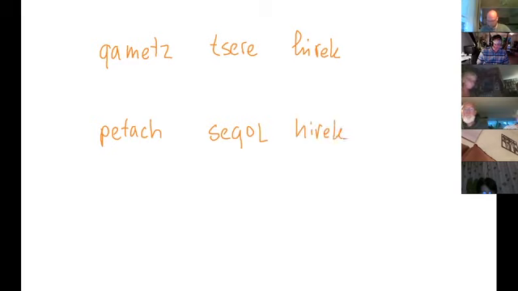The tsere and the segol. The chirik, and that's the same. The cholam and the kametz. The shurek and the kibbutz.